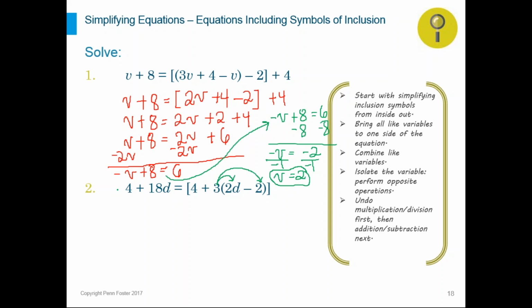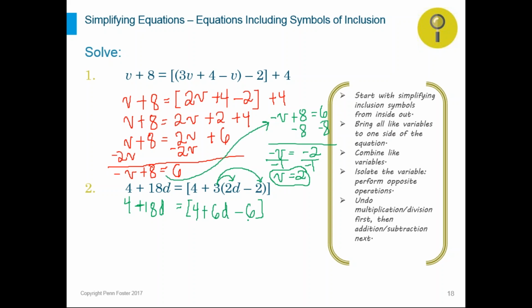I'm going to rewrite the left-hand side the same because there is nothing to handle right now for that. So 18d equals 2. I still have my brackets: 4 plus, now I am handling the multiplication. 3 times 2d is 6d. 3 times negative 2 is negative 6, and I still have my square brackets.